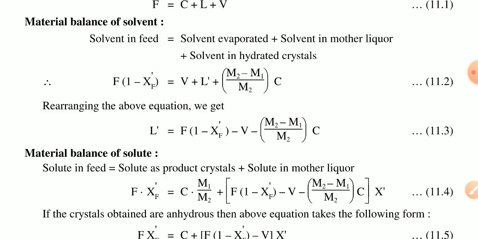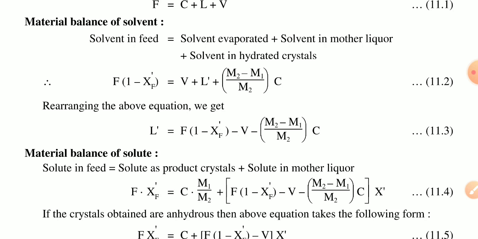L dash is equal to F multiplied by 1 minus X dash F minus V minus M2 minus M1 upon M2 multiplied by C. This equation 11.3 we take into the material balance for solute. In the overall material balance we saw solvent in the feed is equal to evaporated solvent plus solvent in the mother liquor plus solvent in the hydrated crystals. Rearranging the above equations, we get L dash equals F multiplied by 1 minus X dash F minus V minus M2 minus M1 upon M2 multiplied by C.